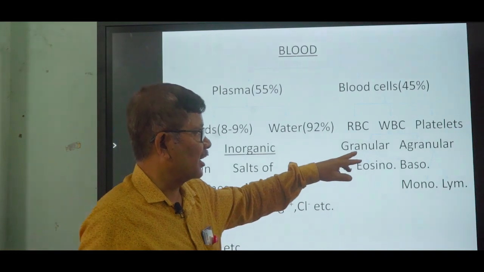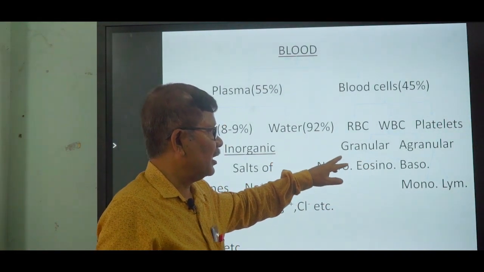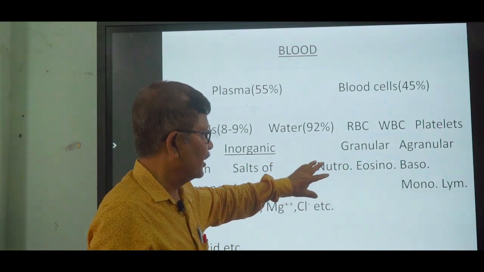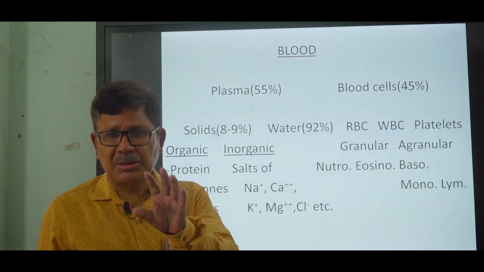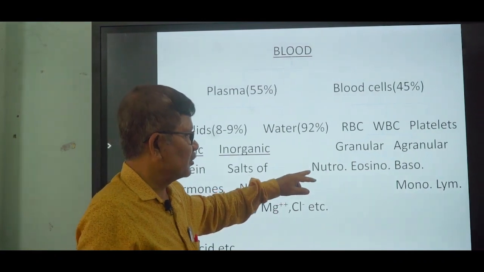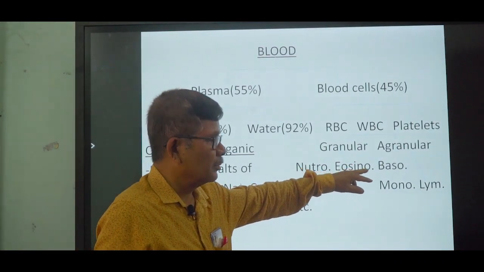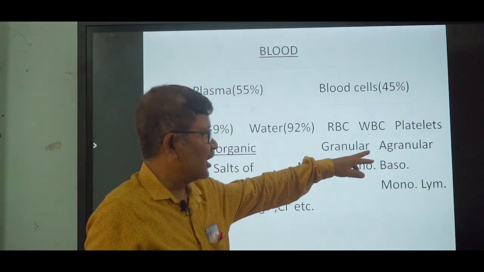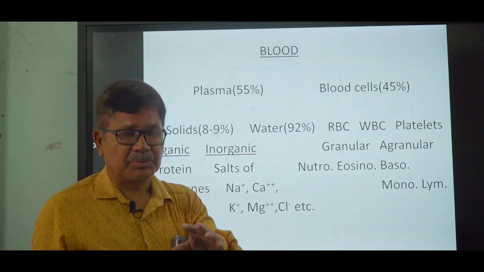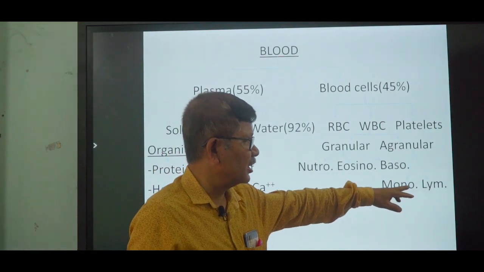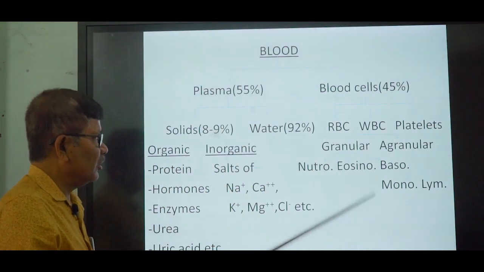Granular are again three different types according to the staining properties and the shape of the nucleus, that is neutrophil, eosinophil and basophil. And agranular are again two types according to the size and shape of the nucleus, monocytes and lymphocytes.